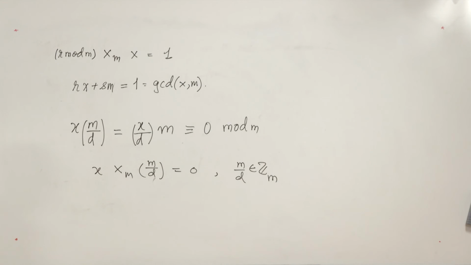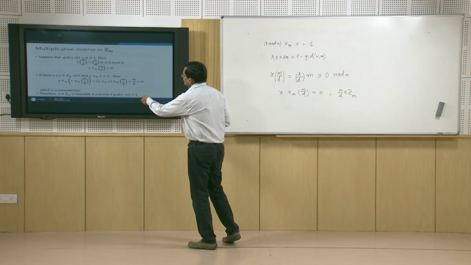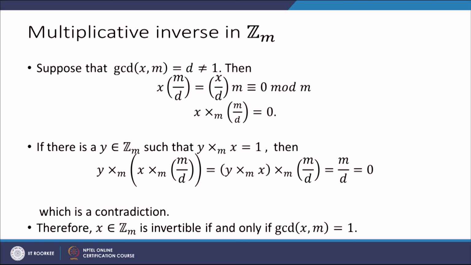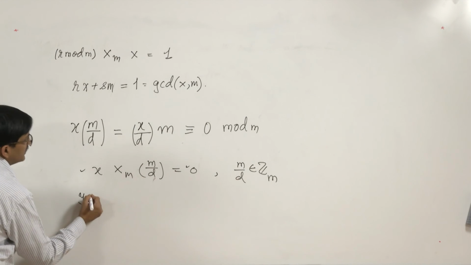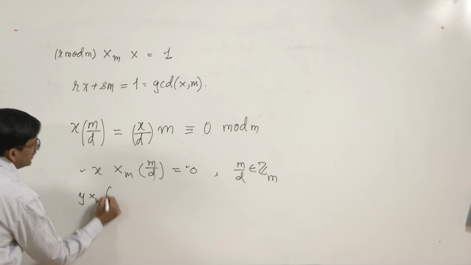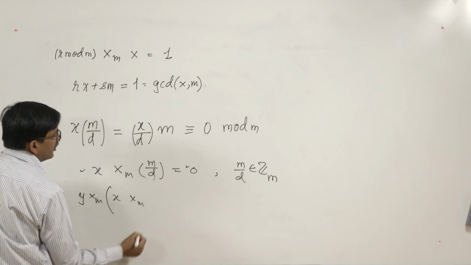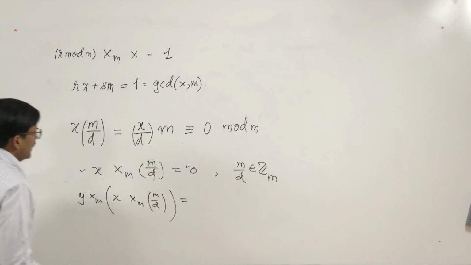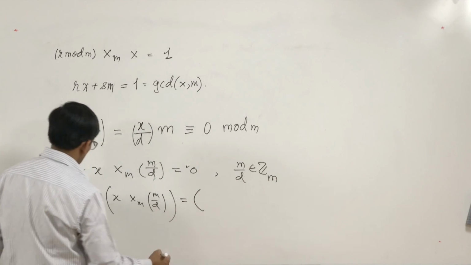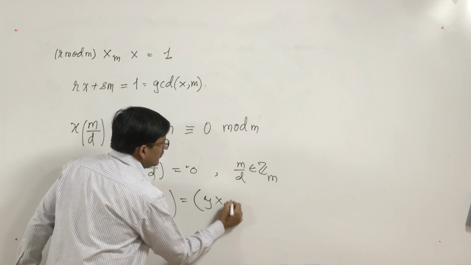And now, suppose if possible x has an inverse, that means suppose there is an integer y inside Zm such that y multiplication modulo m x is 1, then I can multiply this equation both sides by y. So, I get something like this, y multiplication mod m into x multiplication mod m by d, and here I can use the associative law of modular multiplication.